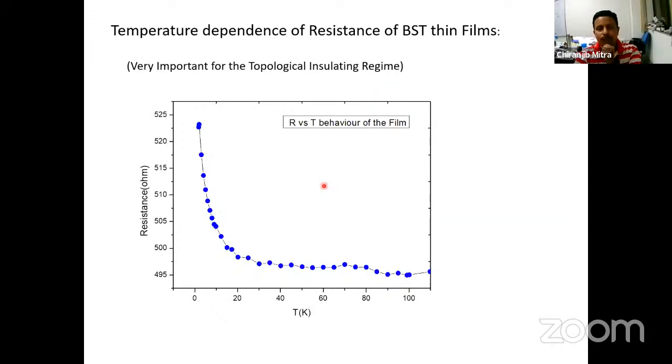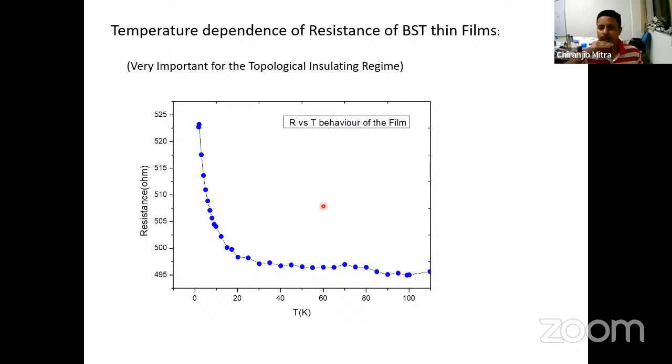So when we measure the temperature dependence of resistance here, this is a classic topological insulator resistance of the BST thin film, and we see that it is insulating. There can be a variance of resistance versus temperature behavior depending on where exactly the Fermi level is.